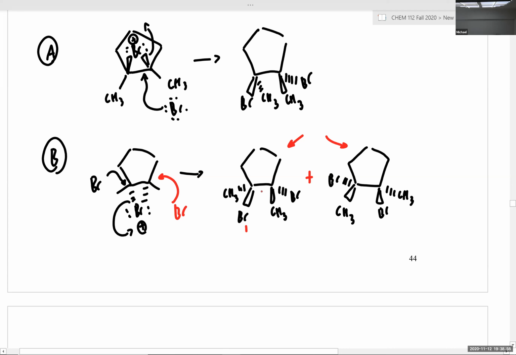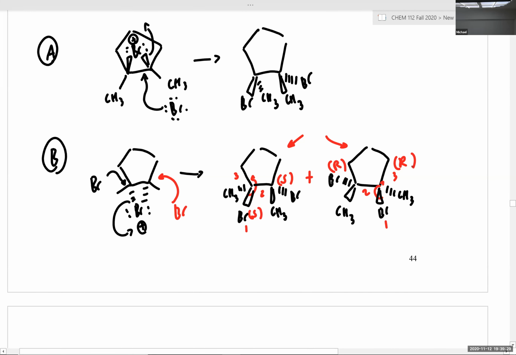So assigning priority 1, 2, 3, this center is S, and this center is S. Looking at this structure, this center is R, and this center is R.